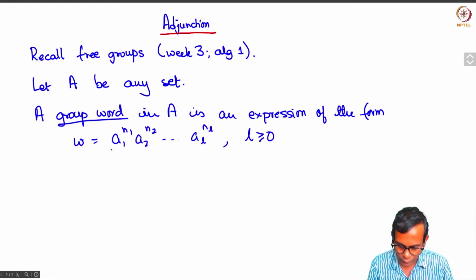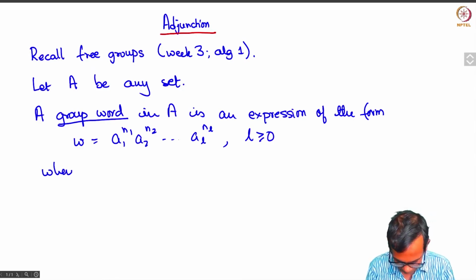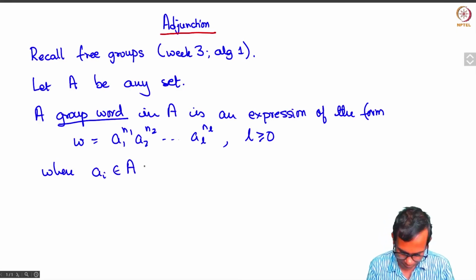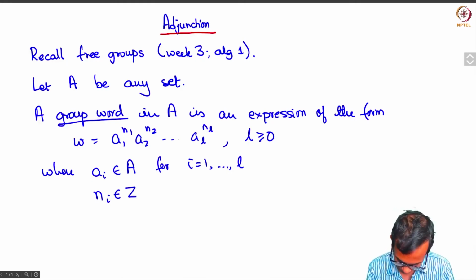I allow L to be 0, in which case I'll be looking at the empty word, where each AI comes from the set A, and Ni is an integer.